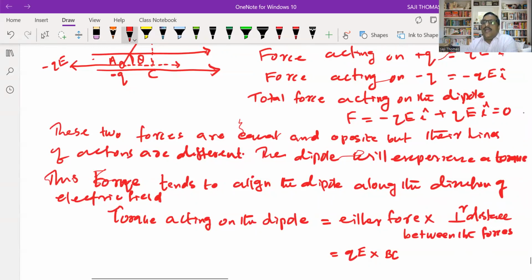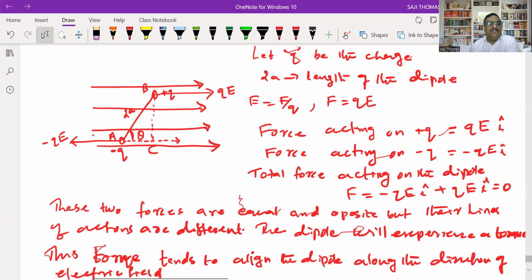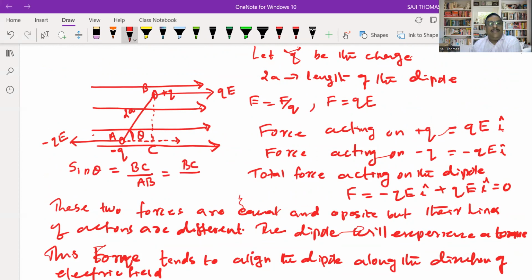Now you look into the diagram, you can find out BC in terms of the angle. See, from the triangle ACB, what is sine theta? Sine theta equals the opposite side of the triangle BC by AB. So BC by AB is 2A. So what is BC? 2A sine theta.